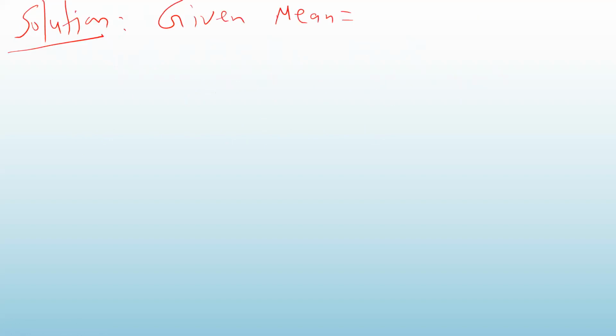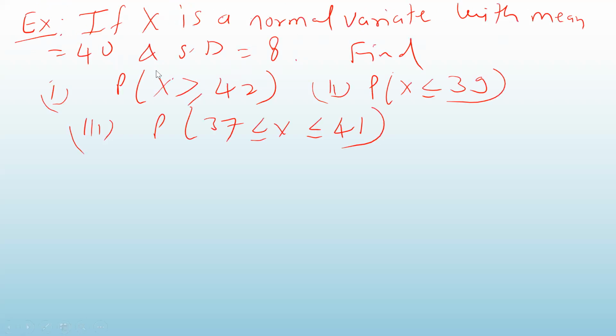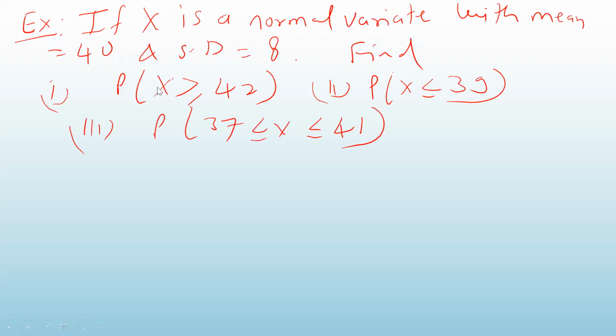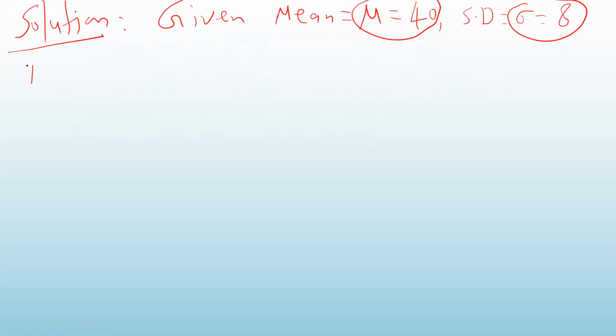So mean, that means mu is equal to 40, and standard deviation, which is sigma, is equal to 8. Sigma is 8 and mu is 40. And what do I have to find out? Let us take the first one: probability of x greater than or equal to 42.